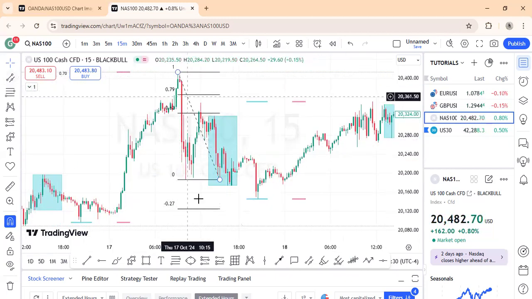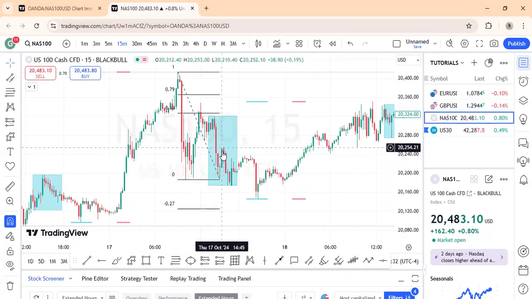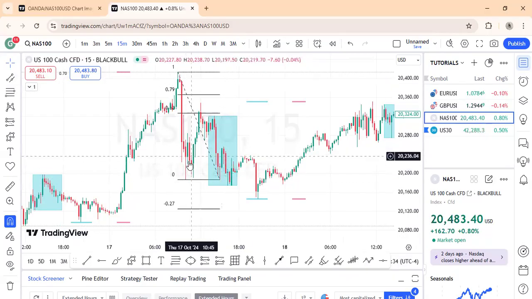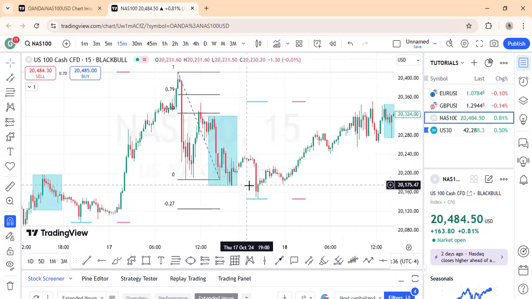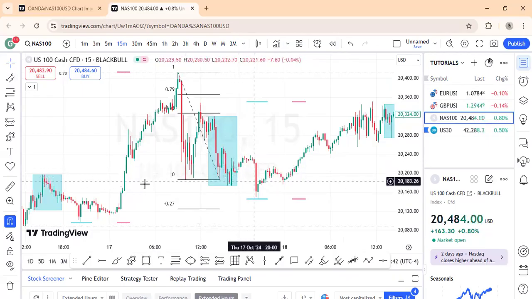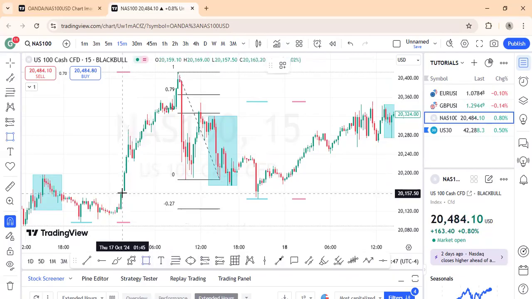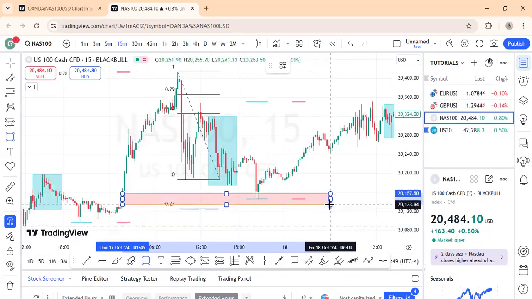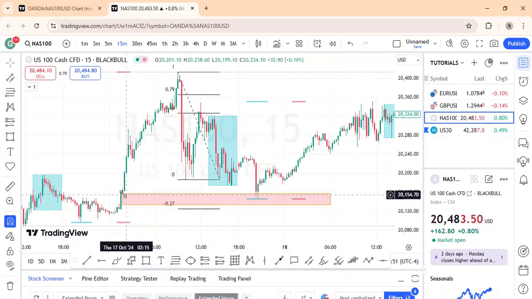But in this case here, there were equal lows and price breached them. So price breaching these equal lows means that there's some kind of liquidity that was taken out here. So you can simply take off partials here. And if you look very carefully, you can see that there was an imbalance here, which is the reason why price pushed above. So be very mindful of this kind of issue. You can see this imbalance here.